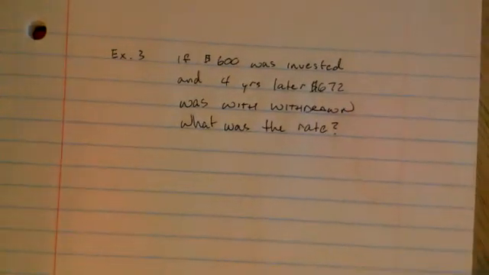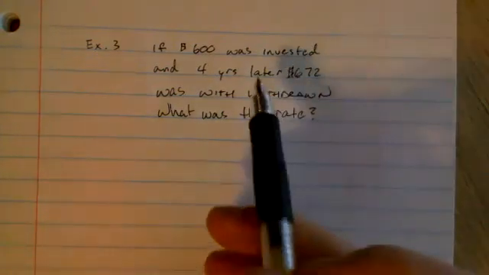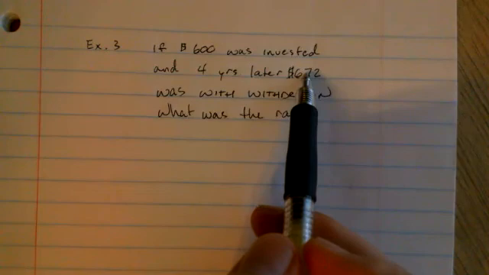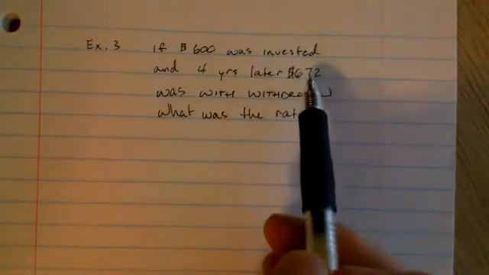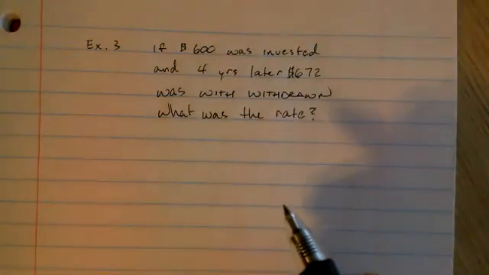So what were they paying them for that 4-year time? What was the percentage gain in that 4-year time? We don't want to know 600 is what percentage of 672. We don't want to know what 72 is of 600, anything like that, right?